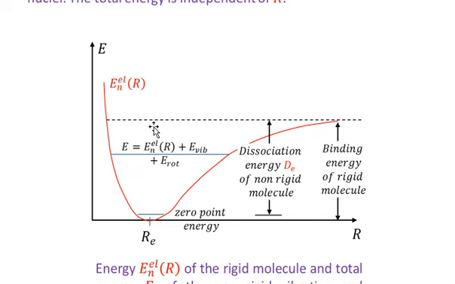And you know that this dotted black line is the line below which the molecule will remain in the bound state. But if the energy of the molecule exceeds this dotted black horizontal line, it means that the molecule will split into its atomic constituents.